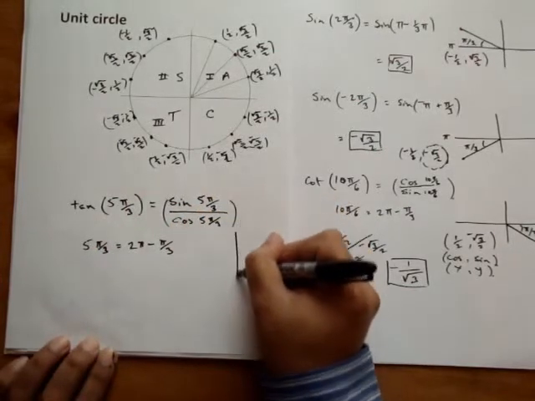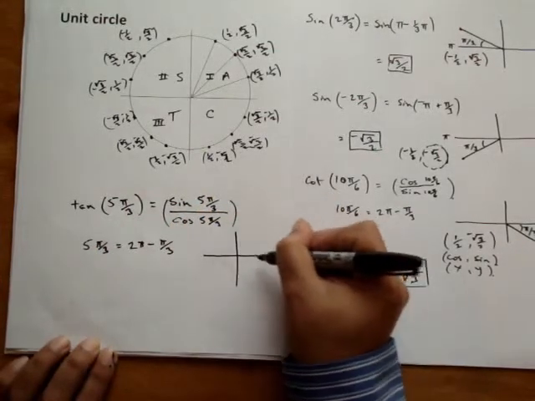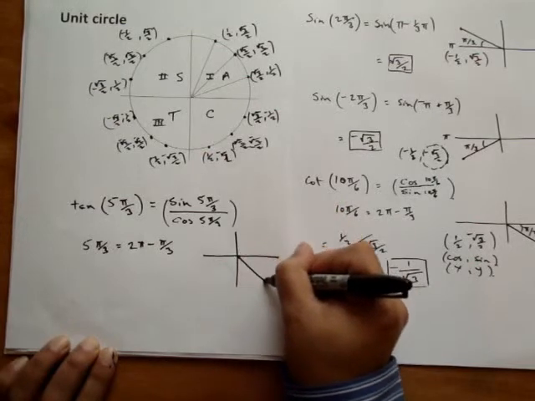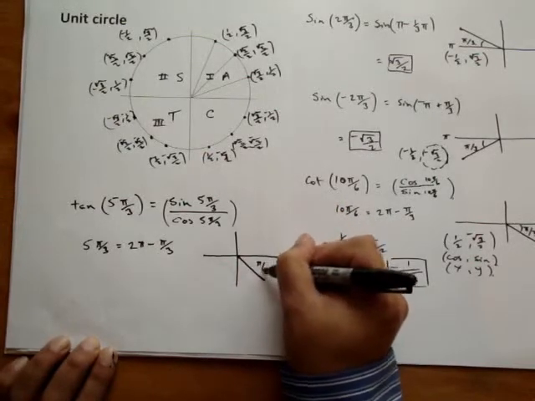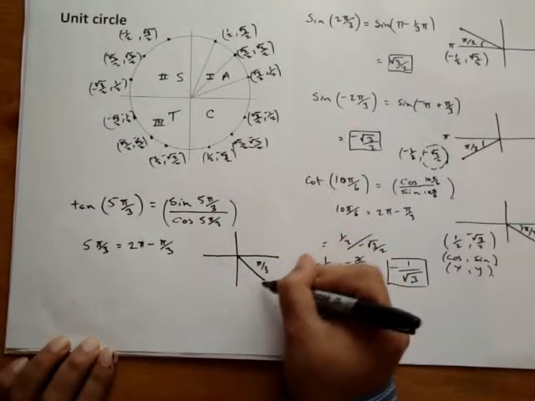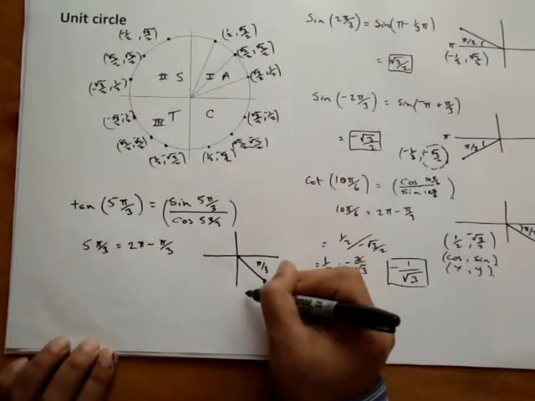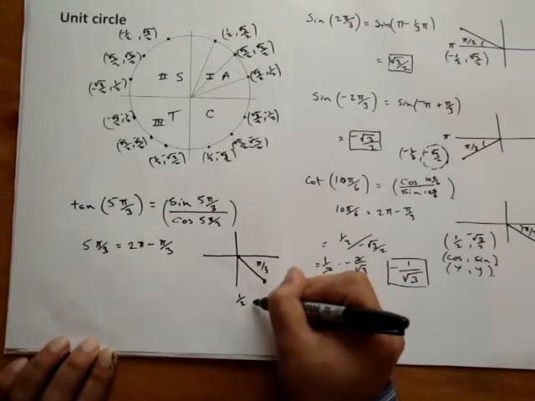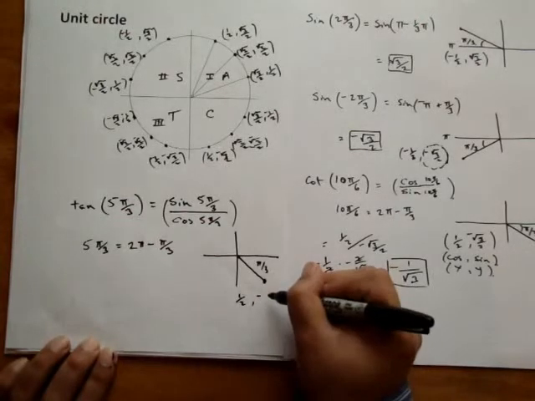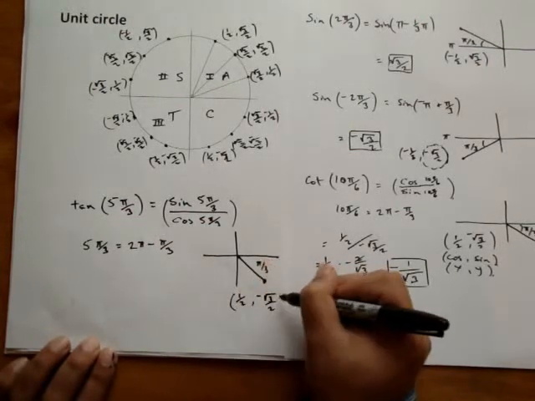If we draw our little quadrant diagram, it'll lie in the fourth quadrant, with this being pi over 3. Our values of sine and cosine are a half and minus square root of 3 over 2.